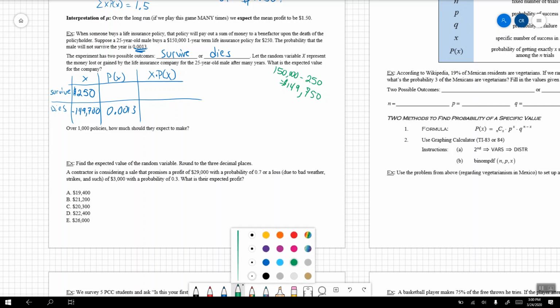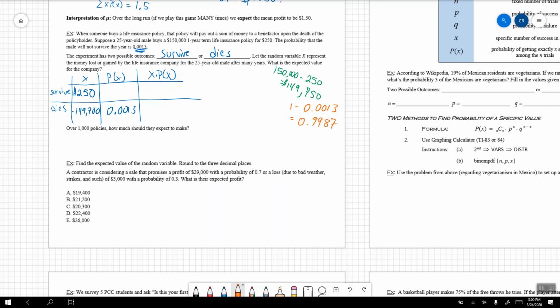So I'm going to do that on the side: 1 minus 0.0013 should get us a probability of 0.9987.